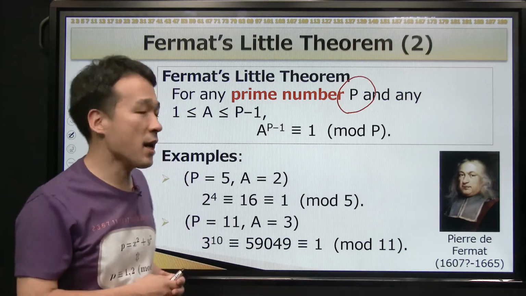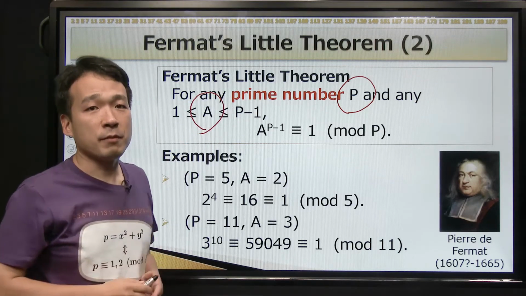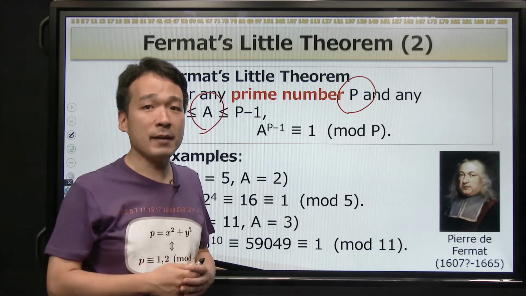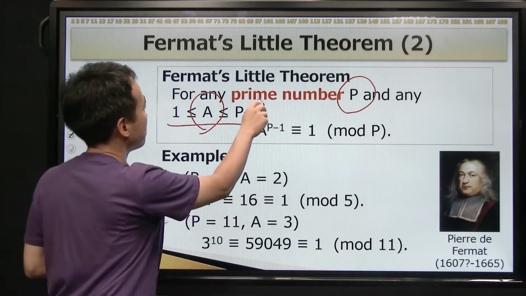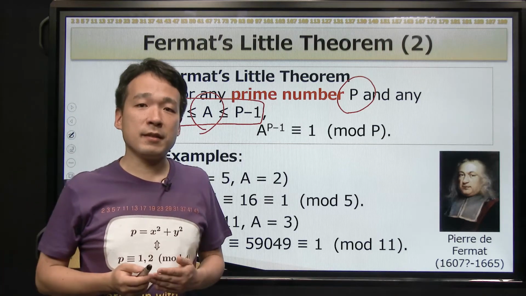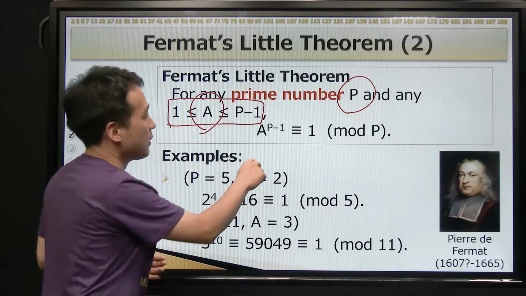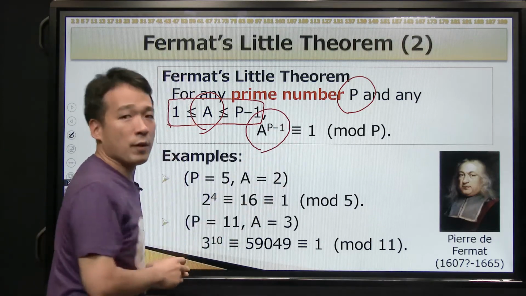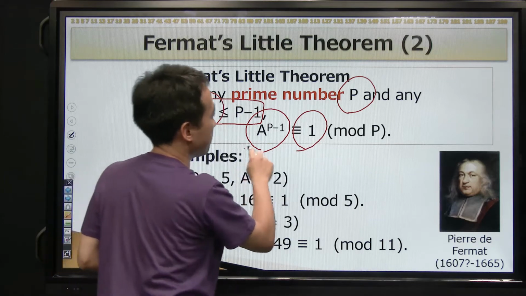Take an integer a greater than or equal to 1 and less than or equal to p minus 1. Then the theorem says a to the p minus 1 is always congruent to 1 modulo p.